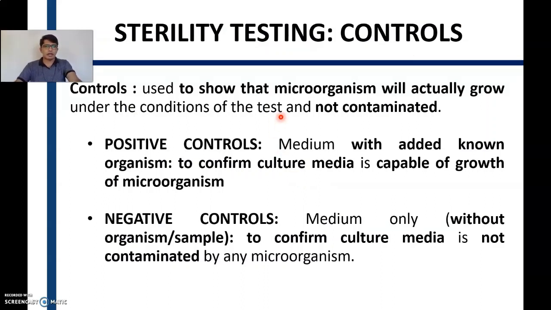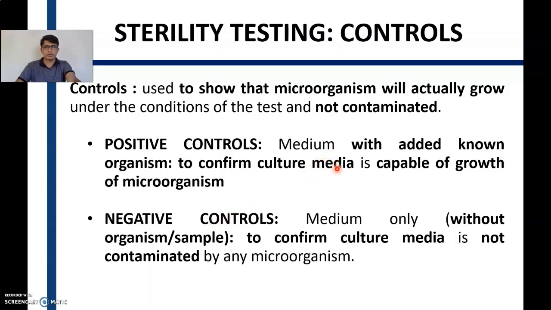Now along with the test sample, we will use controls. So what is the control? The controls are mainly used to show that the microorganism will actually grow under the conditions of the test and that they are not contaminated. So we will use 2 types of control in sterility testing, one positive control and one negative control.